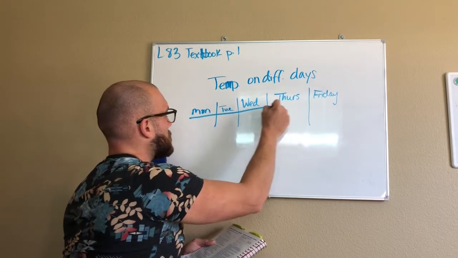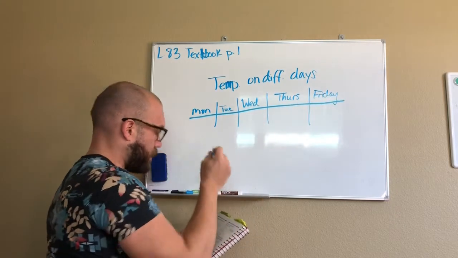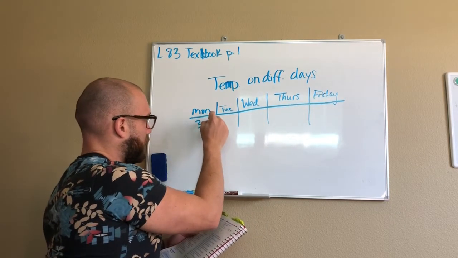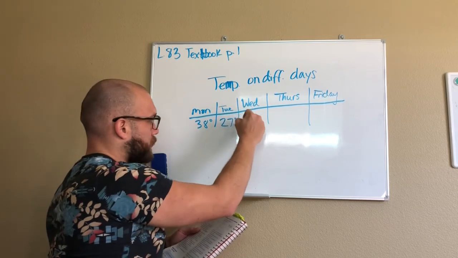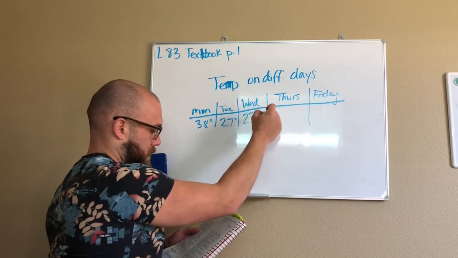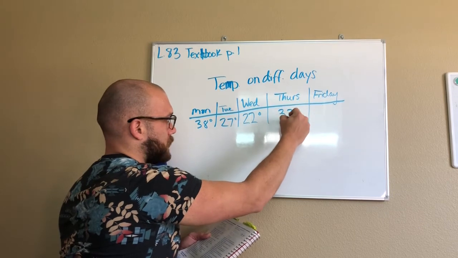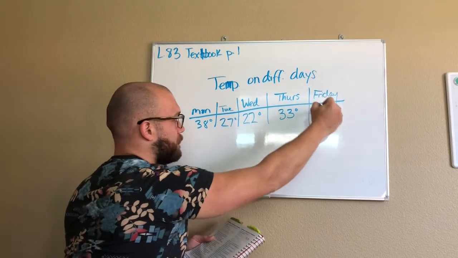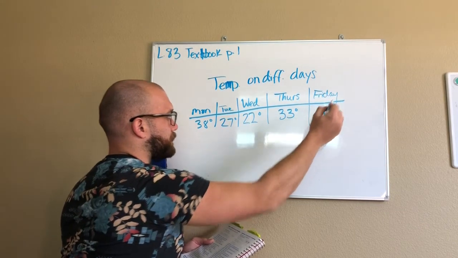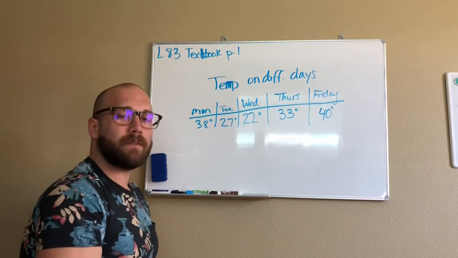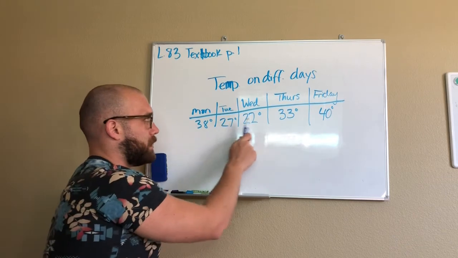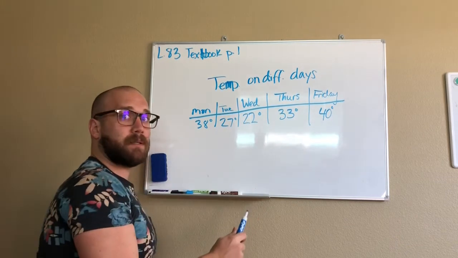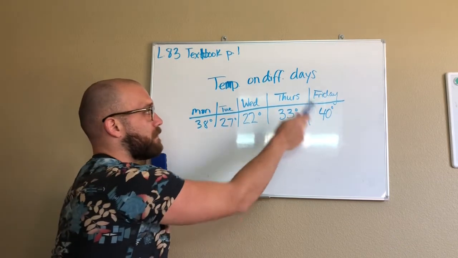Now, I have 38 degrees on Monday, 27 degrees on Tuesday, 22 degrees on Wednesday, 33 degrees on Thursday, and 40 degrees on Friday. So if I need to find the average of these days, I'm going to add up these 5 numbers, 1, 2, 3, 4, 5.